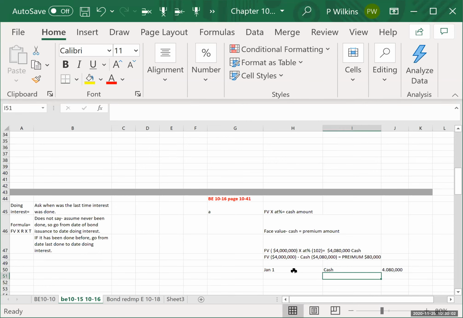And we are going to credit bonds payable, $4 million.